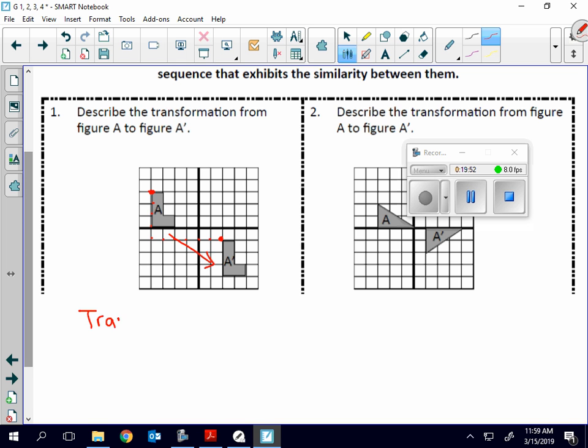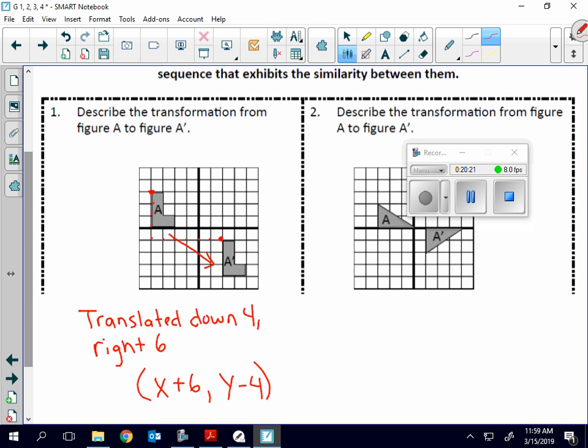So we translated down 4, right 6. If you want to do that in this form, well, the x-coordinate is the right one. The right got bigger by 6, and the down got smaller by 4.